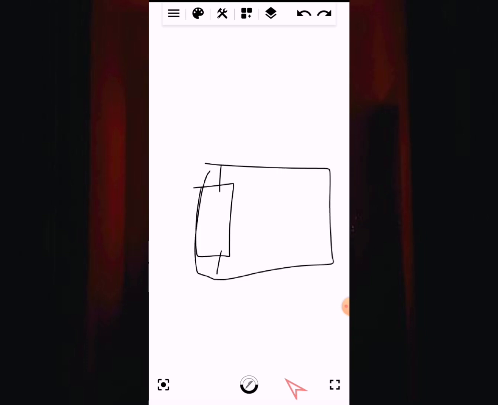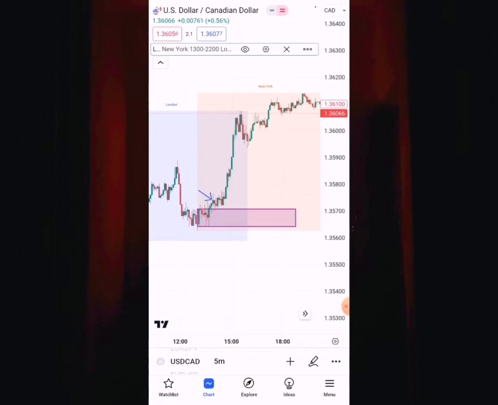And then if price closes above it in a full candle, you buy. I usually use an arrow to point where you are supposed to buy. But if it closes below in a full candle, right there you sell. It is as easy as that.